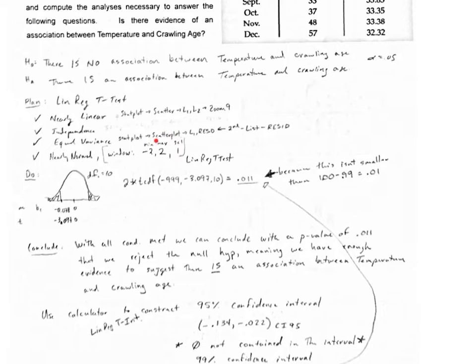Okay, equal variance. We need to look at the L1, like the X variable, against the residuals in order to find out, is there some pattern with that scatter plot. So in order to do this, you first need to run the linear regression t-test.